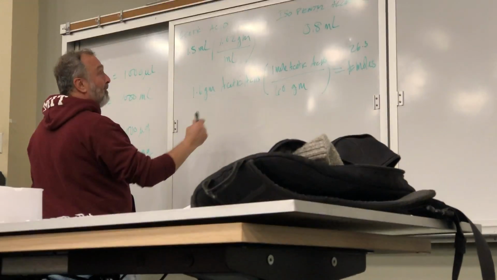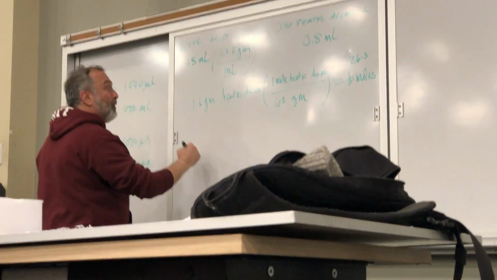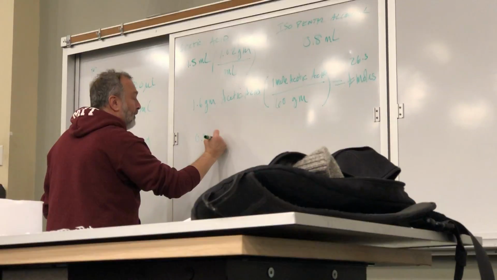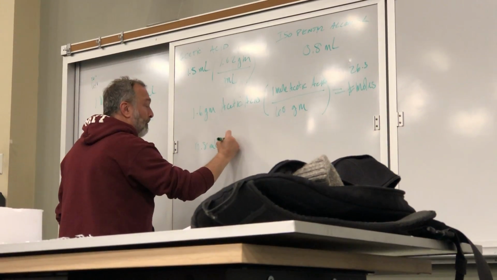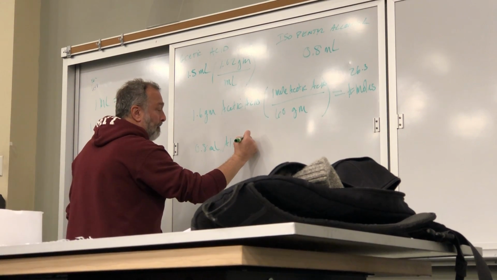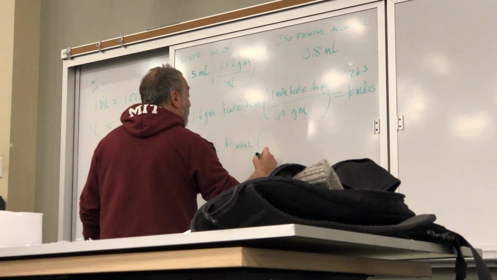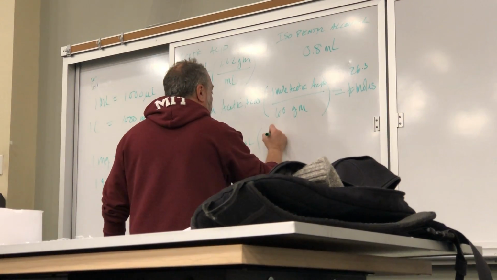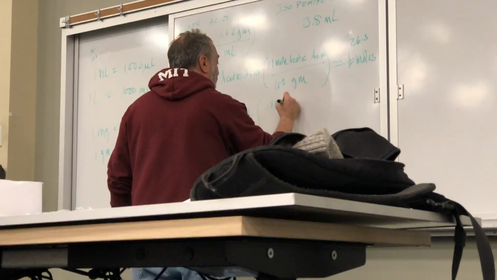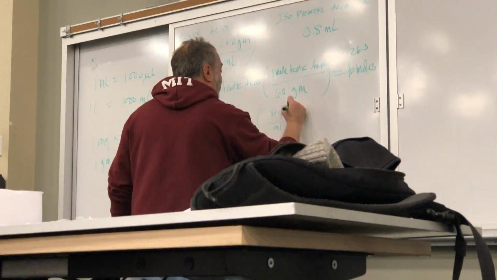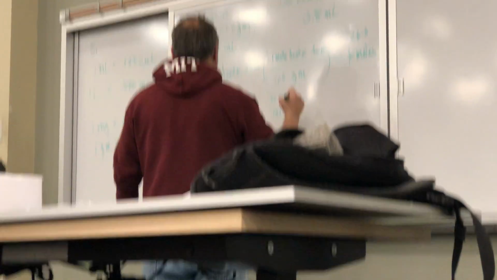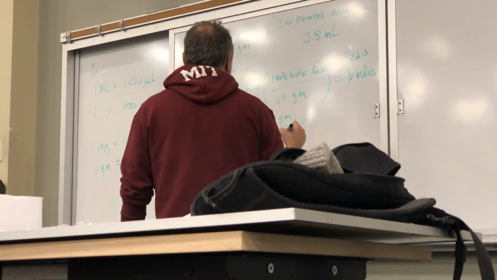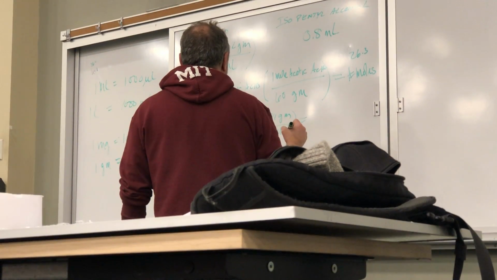You have to do the same thing, starting with a volume of alcohol. 0.8 milliliters of the alcohol. What's the density of the alcohol? 0.81 grams per milliliter. That gives us 0.64, something like that, 6.4?